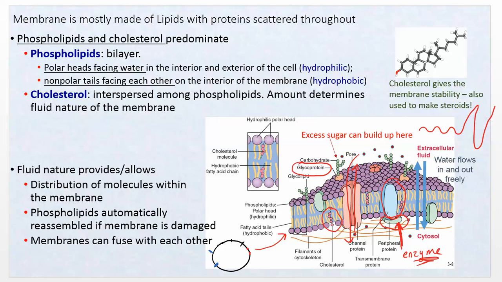what'll happen is, if you have too much sugar, you might have a buildup of sugars on these proteins or on these phospholipids, glycoproteins, glyco meaning sugars, and glycolipids.